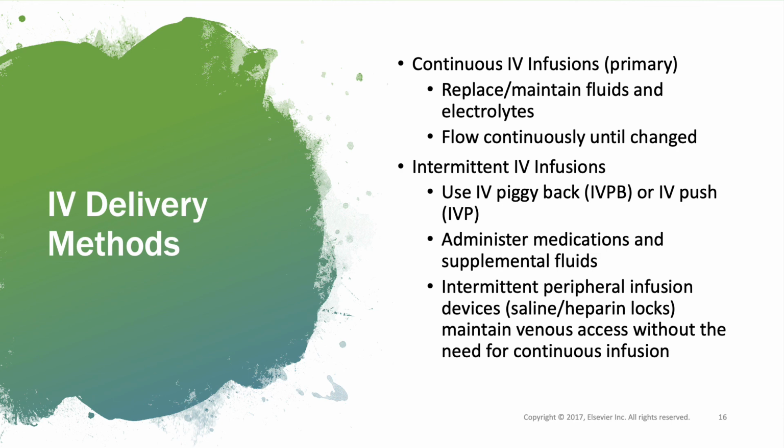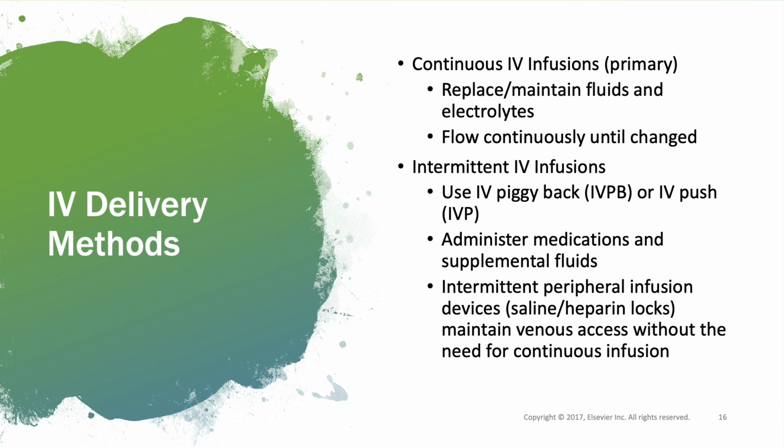Intermittent IV infusions can be IV piggybacks, or they can be IV pushes. And again, these are given at specific intervals. For example, administering an antibiotic every 8 hours, or giving the patient a pain medication every 4 hours as needed. Those are considered intermittent.